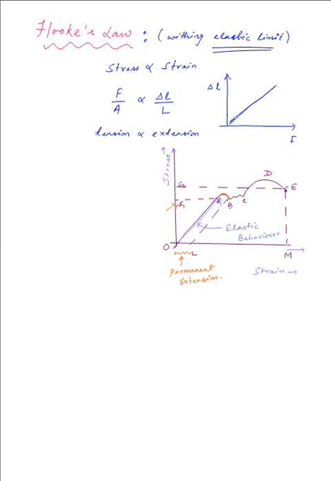Then we continue with the yield, where there will be an irregular behavior. Even if you consider that there is no elastic limit, you may expect it to break, but take the example of a wire that you are stretching. It's not recovering its original shape anymore, but it doesn't break either.